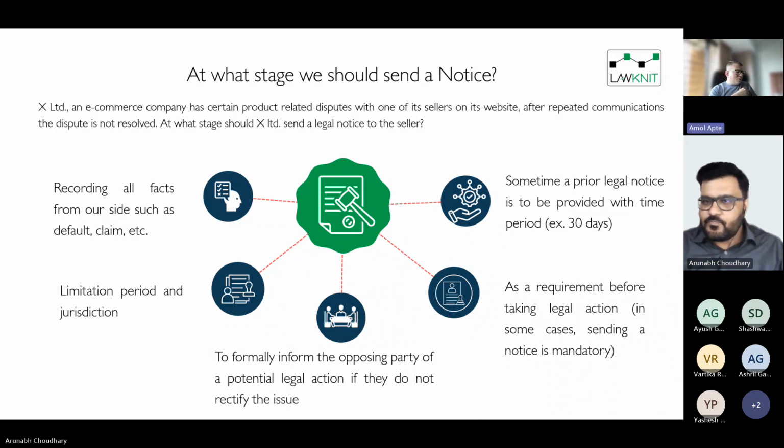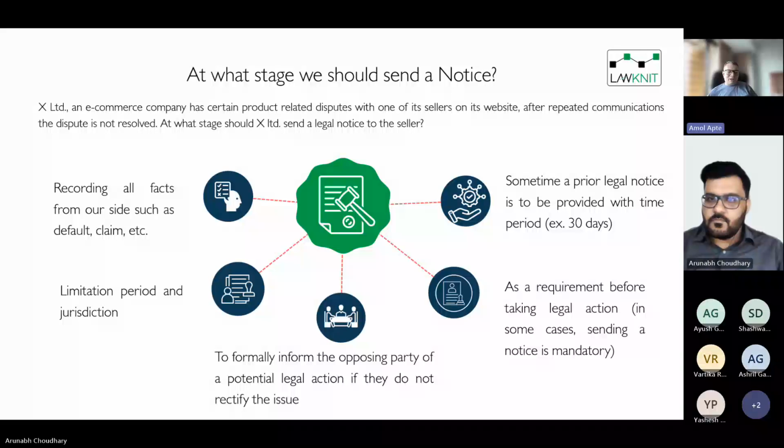The answer to this query is not very simple, because it will depend on the facts of each and every case as to how they have transpired, as well as the framing of your contractual terms, which will define whether not sending a legal notice for a specified period of time, and then continuing with the services and the contract as usual, would amount to waiver of your rights or not.